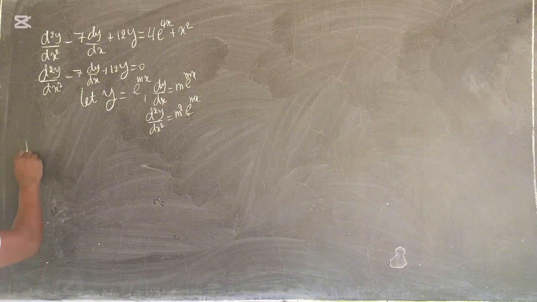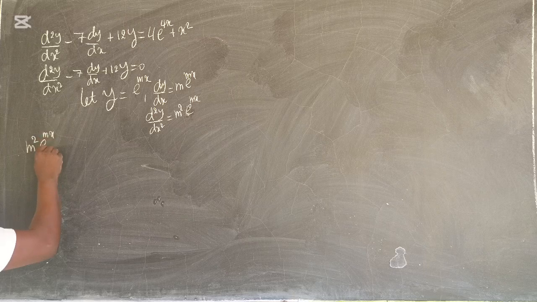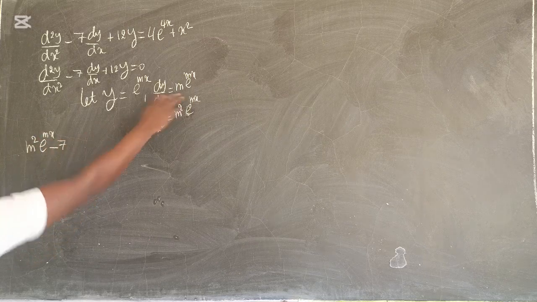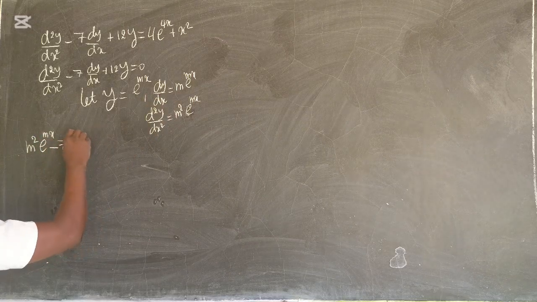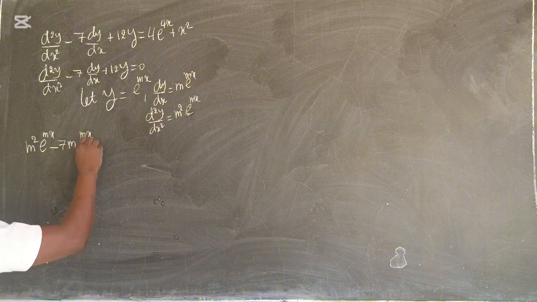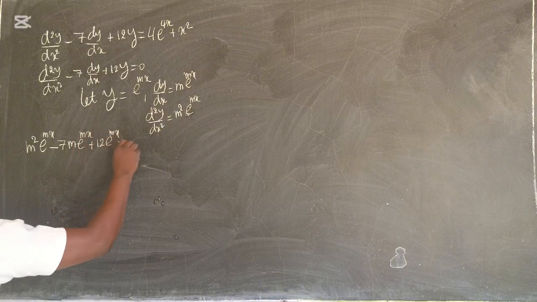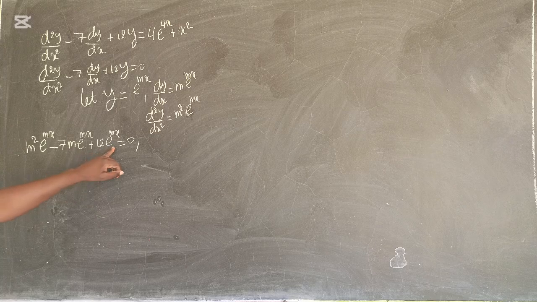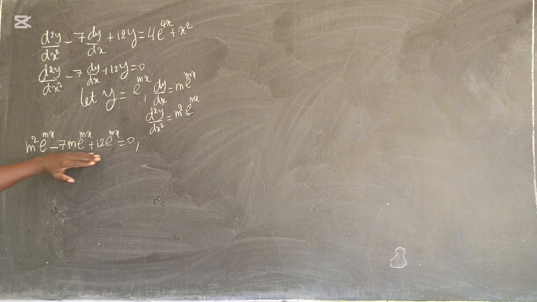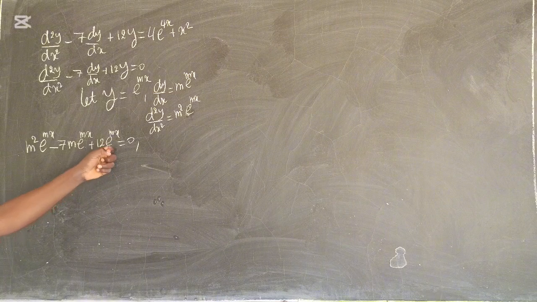We have m square exponential of mx minus 7 times m exponential of mx plus 12 exponential of mx, which is 0. Here, as you see, this equation has a factor of exponential of mx. That's why we are going to factorize by this.